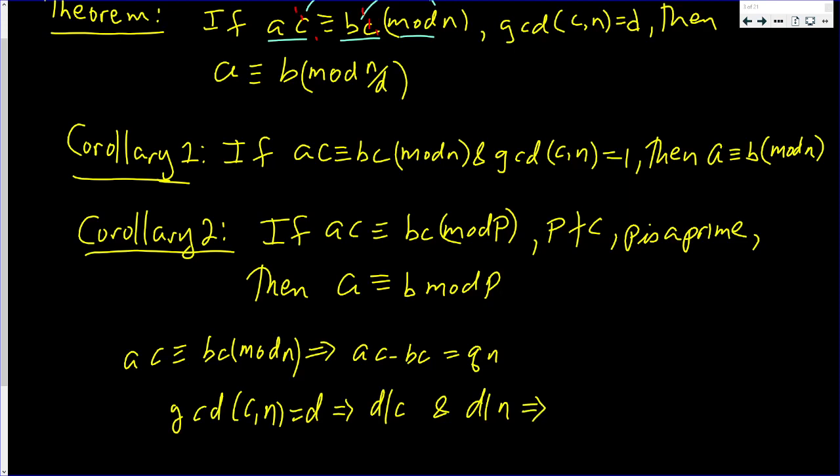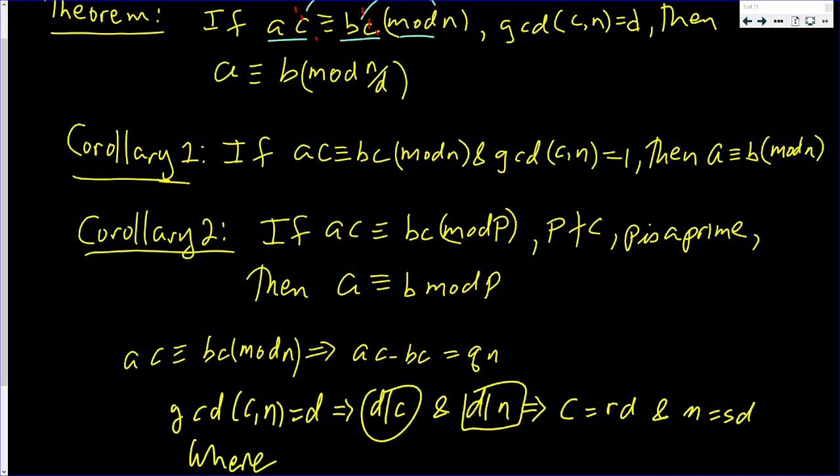But that implies that C is some multiple of D, and n is some multiple of D, where the GCD of R and S is 1.